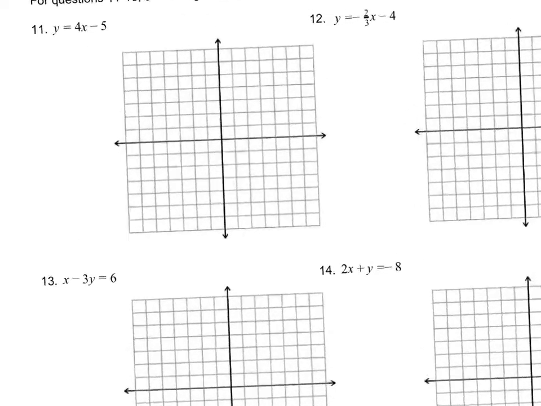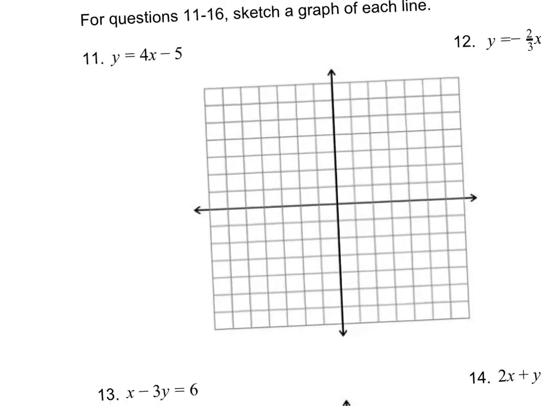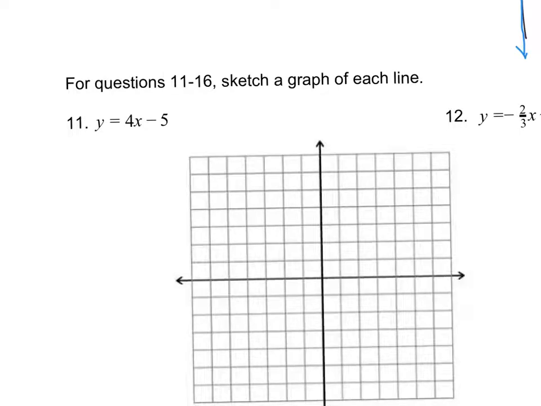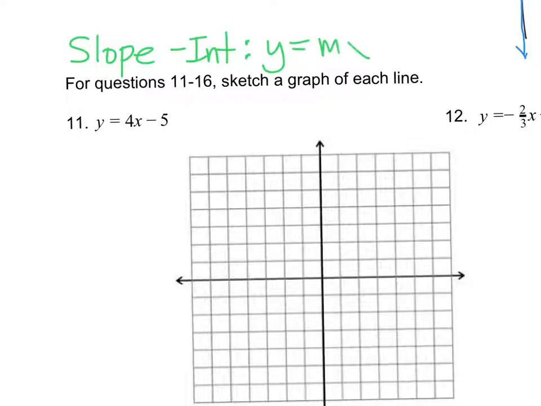All right, so number 11, this is in slope-intercept form, and just to remind you, how do I know that? How do I know it's in slope-intercept form? Well, let me write this. Slope-intercept form is y equals mx plus b. So essentially, whenever I see y, the variable y, isolated by itself, it's a pretty good indication that it's in slope-intercept form.